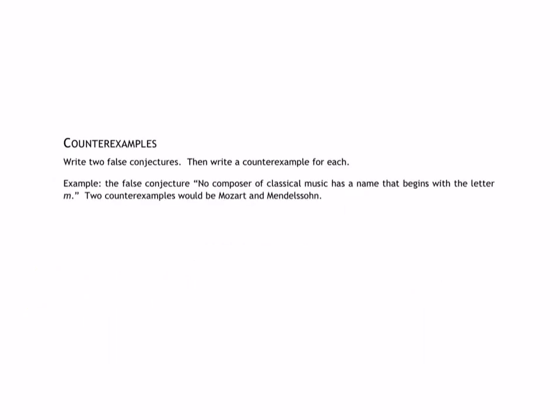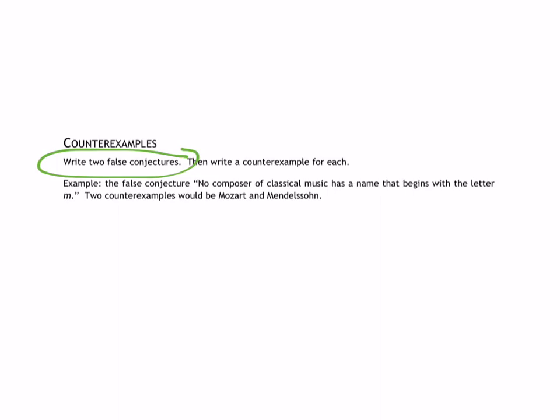Okay, so practice this on your own. So write 2 false conjectures. All right, so I'll have you do this. And then rather than writing a counterexample for your own conjectures, why don't you do this for another classmate's? So what you'll be contributing will be the 2 false conjectures. Okay, so 2 false statements.